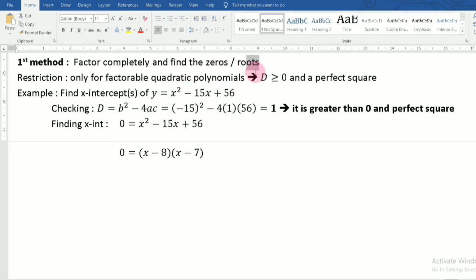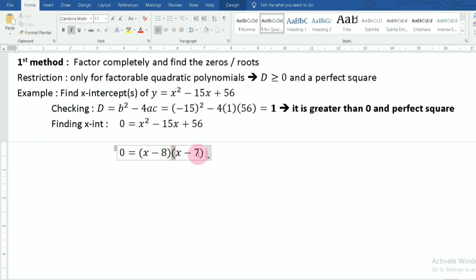The zeros or the roots are the values of x such that if we replace x by that number, the factor will become 0. So from this factor, the zero will be 8, since if we replace x by 8 here, this factor will be equal to 0.